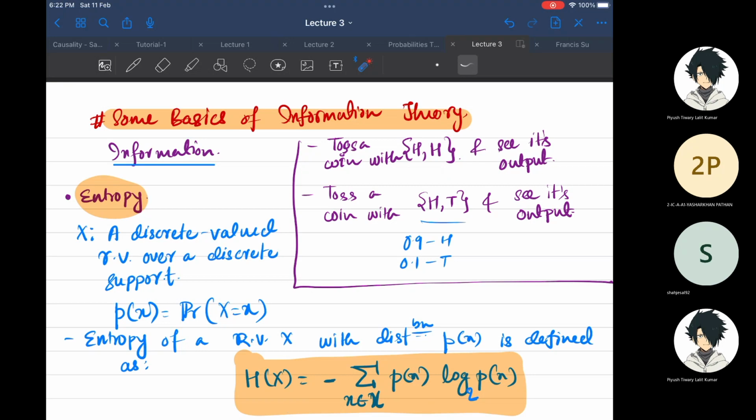I toss the coin, and even if I don't show you the output, you can tell that I must have got heads. So in some sense there was no uncertainty here, and if there is no uncertainty, then I cannot reduce the uncertainty, and hence there is no information.